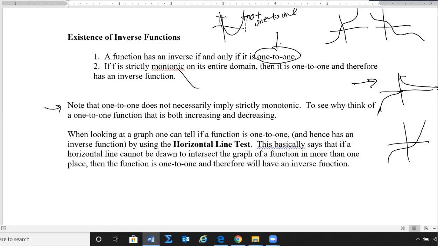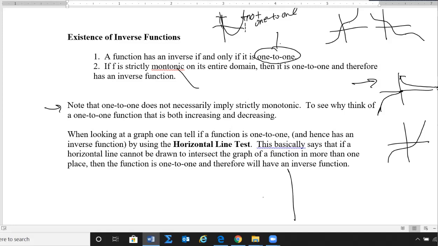Since it is 1-to-1. Anyway, we have another test that we can use, the horizontal line test, and one way to state it is that if a horizontal line cannot be drawn to intersect the graph of a function in more than one place, then that function would be considered 1-to-1, and therefore would have an inverse.